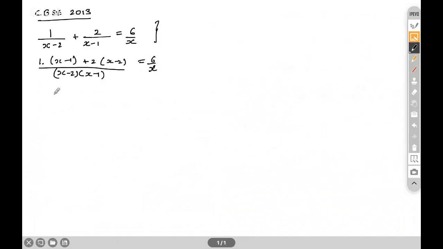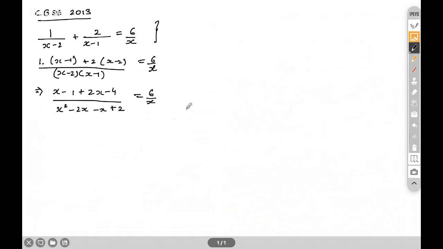Now if you simplify, this is (x − 1) + 2(x − 4) divided by x² − 2x − x + 2, and this is equal to 6/x.